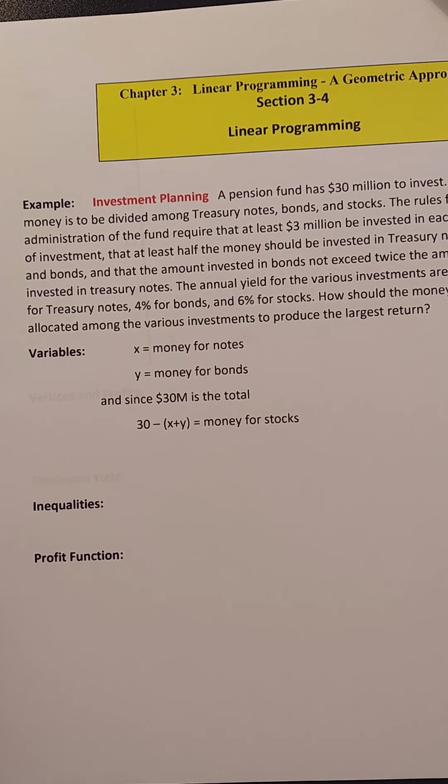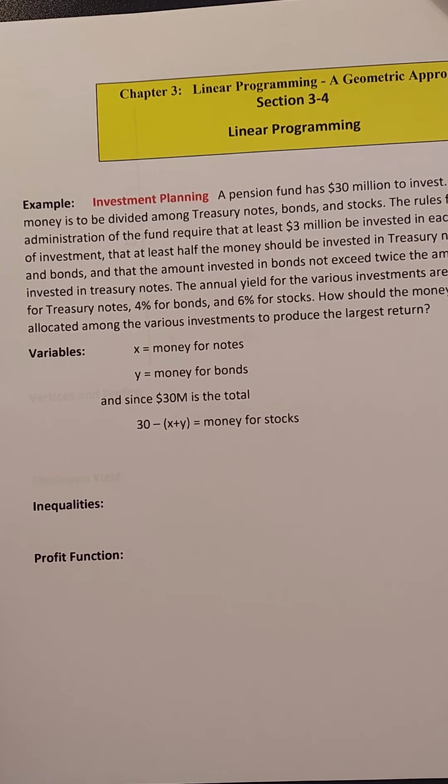Okay, so in this example number 1, it's on investment planning. A pension fund has $30 million to invest. That money is divided among the treasury notes, I'm going to go notes, bonds, and stocks.